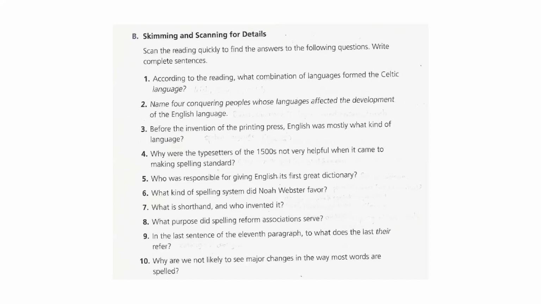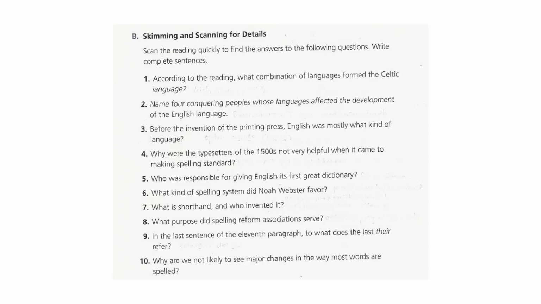Okay, 8. What purpose did the Spelling Reform Association serve? What did they do? What did they accomplish? 9. In the last sentence of the 11th paragraph, so you're going to have to look up there, but there's numbers on the side, so you should be able to find it.